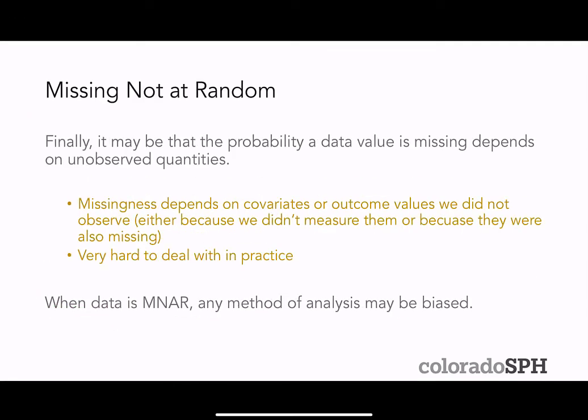And finally, the last type of missingness is missing not at random. In this case, the probability a data value is missing depends on unobserved quantities. So basically, missingness depends on covariates or outcome values that we didn't observe, either because we didn't measure them in the first place, we didn't collect that data, or because those variables they depend on were also missing.